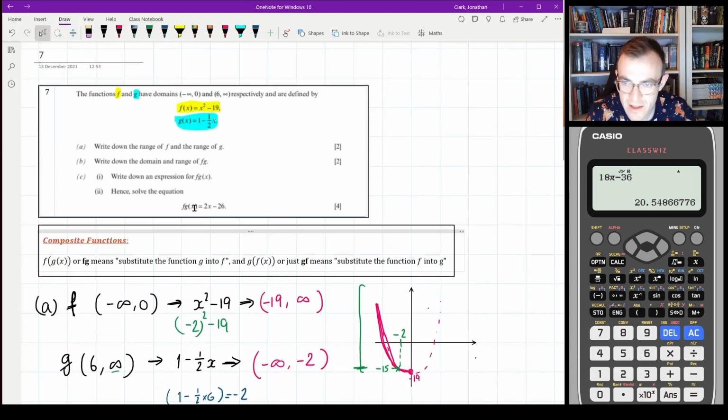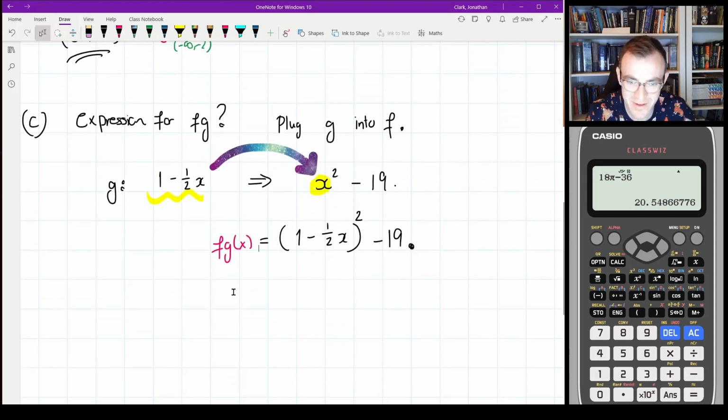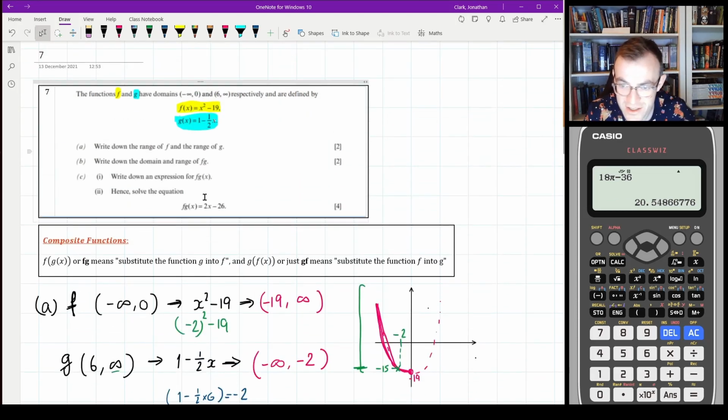I could leave it like that. Do I need to expand it? It doesn't say expand it. We'll leave it like that. And there's a second part, which is solve the equation. So it's fg equals 2x minus 26.